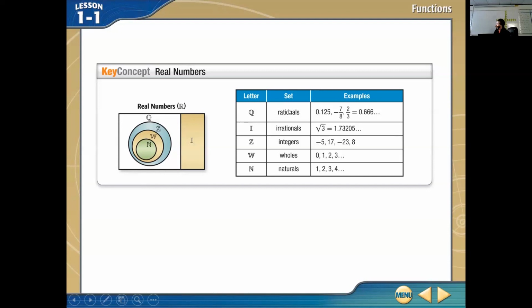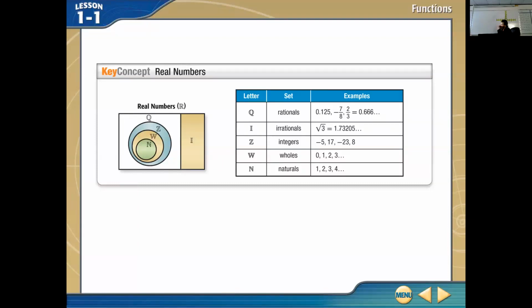You have rationals, which are fractions that can be expressed in an ending decimal. Okay, so the example that they give you is 0.125, which is 1/8, -7/8 and 2/3. If it's completely repeating, or if it ends when you turn that fraction into a decimal, it is considered a rational number.